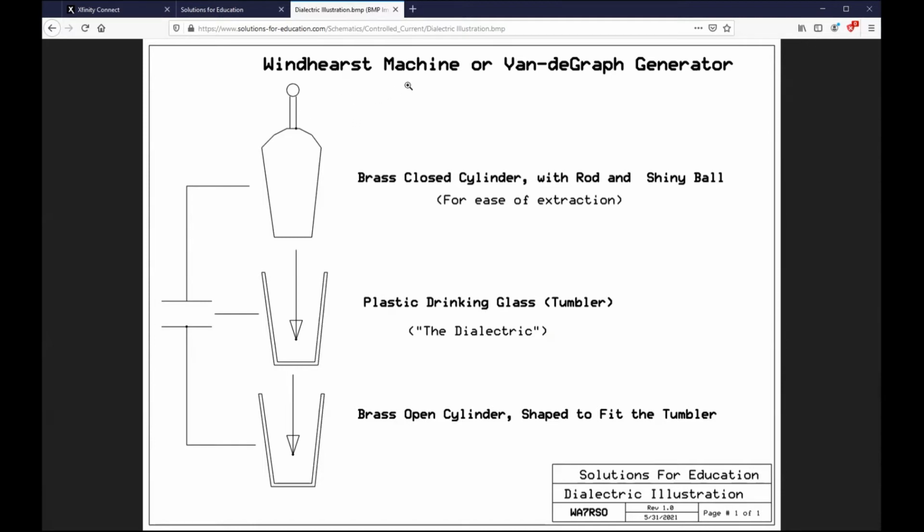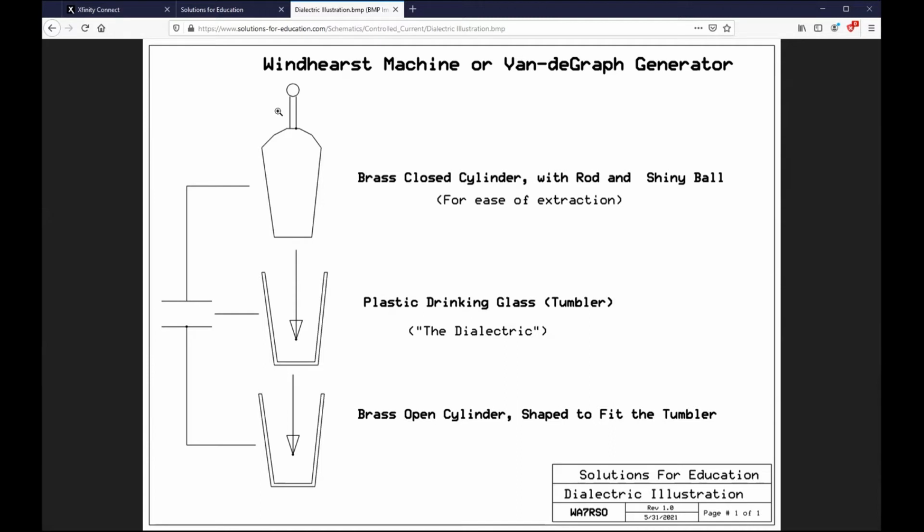Now, what we would do is this. We would sit this down in front of the class, and this is when I was an instructor at Boeing. We would take our Van de Graaff generator, and we'd use some arcing and sparking, and we would charge this thing up. And of course, the sparks coming off of the Van de Graaff generator were sizable, but not really that big.